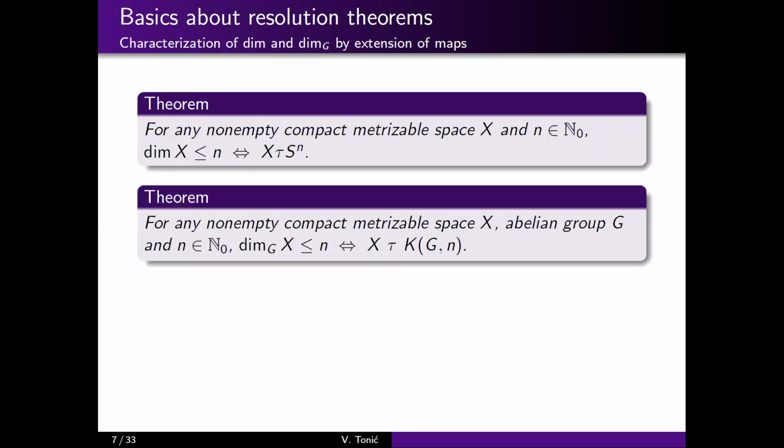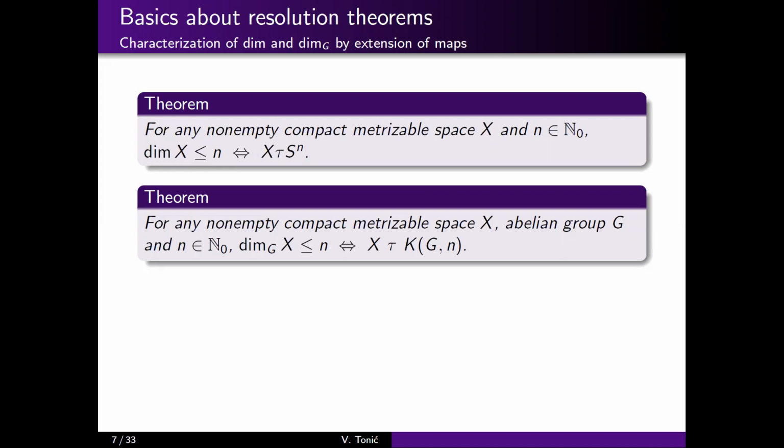Given that, I can use characterizations of both dim and dim G. I will just read dim G instead of cohomological dimension modulo abelian group. Here are the theorems that give you alternative definitions. For compact metrizable spaces, if n is a natural number or 0, the following is true. Dim of X, the covering dimension of X, is bounded by n if and only if X is an absolute coextensor of the n-sphere.